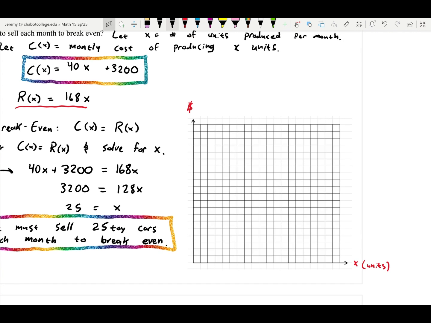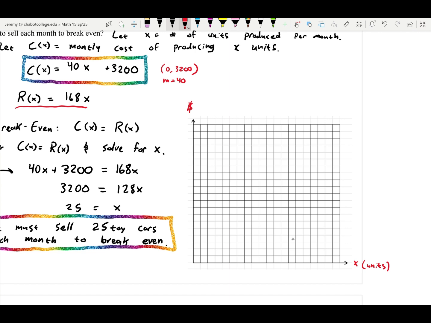So I want to graph this. It's a linear function. I have a y-intercept. We already made a note of that. The y-intercept is (0, 3,200). Our slope is going to be 40, so we can use those two pieces of information to graph this pretty quickly. But 3,200, that's a very large number.